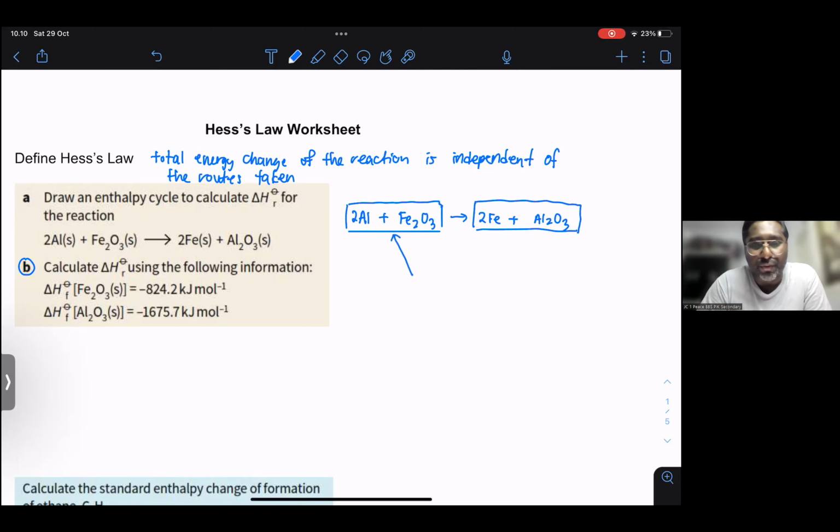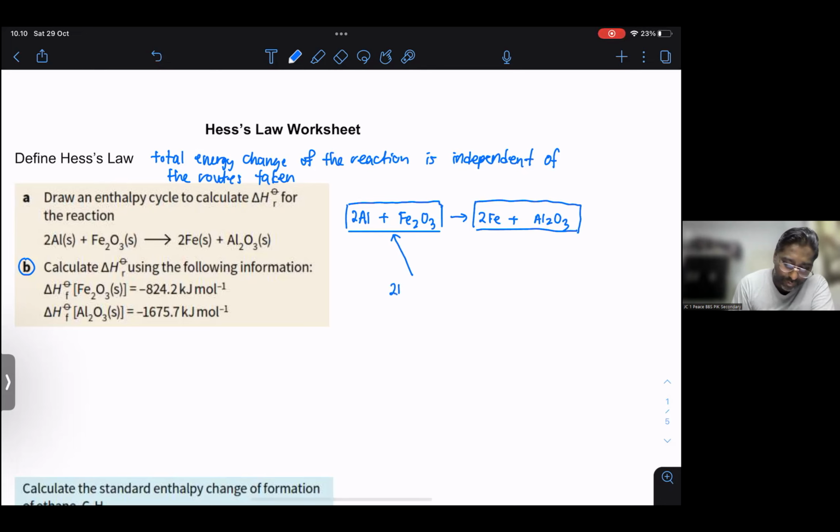You do remember that aluminium is an element, so we do not need to form it. In order to form Fe2O3, you need to form it from its elements.